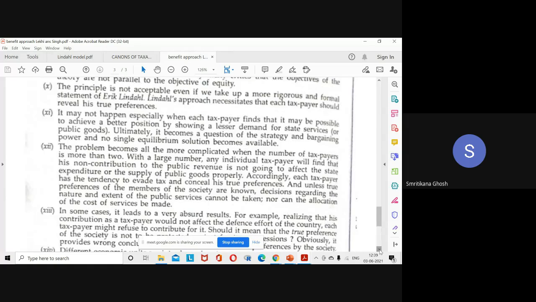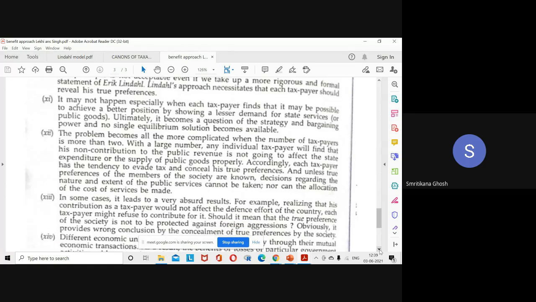So finally, what happened is that people are not bound to reveal their benefit from the public good. First of all, it may be possible that they don't know, and the second possibility is that they know but they are not revealing. They know what benefit they are getting, but there is no rule that you have to reveal your benefit.